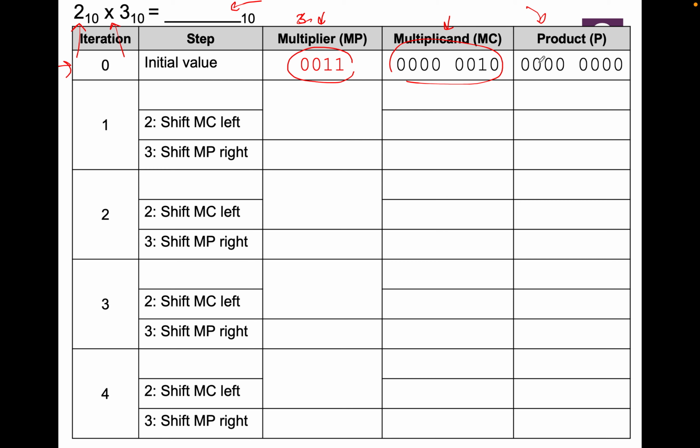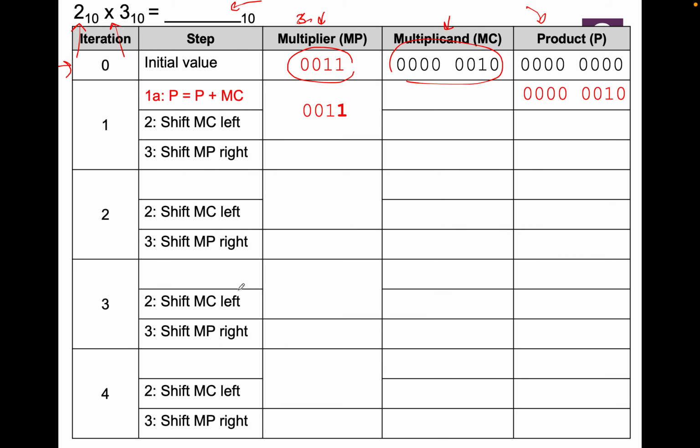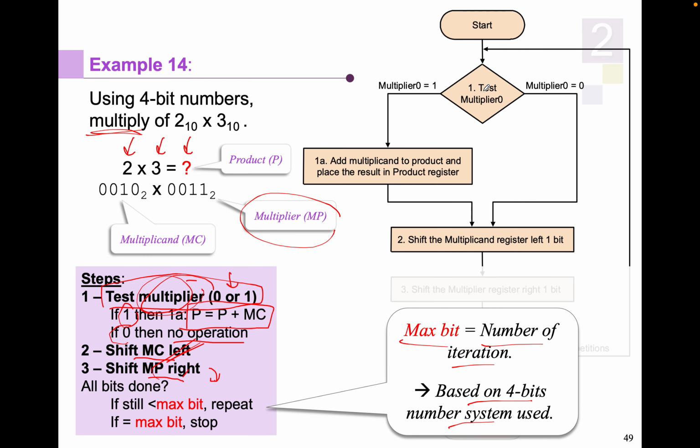Then, first, you need to see whether your multiplier bit 0 is 0 or 1. This is your multiplier. You test multiplier bit 0, whether the value is 0 or 1.